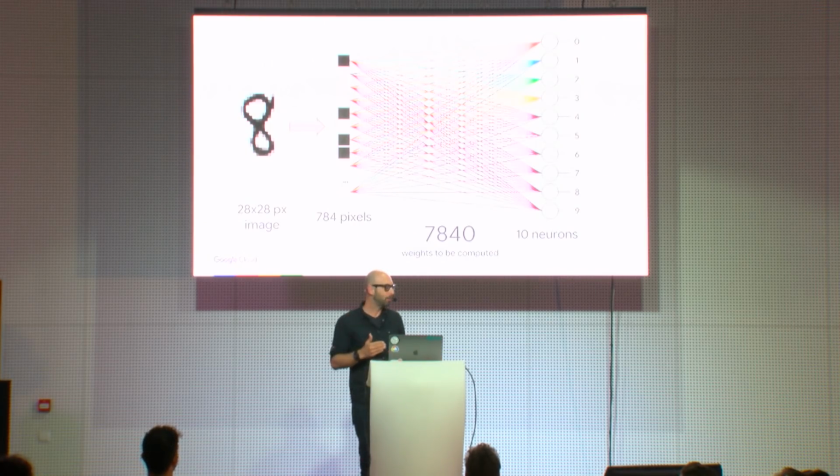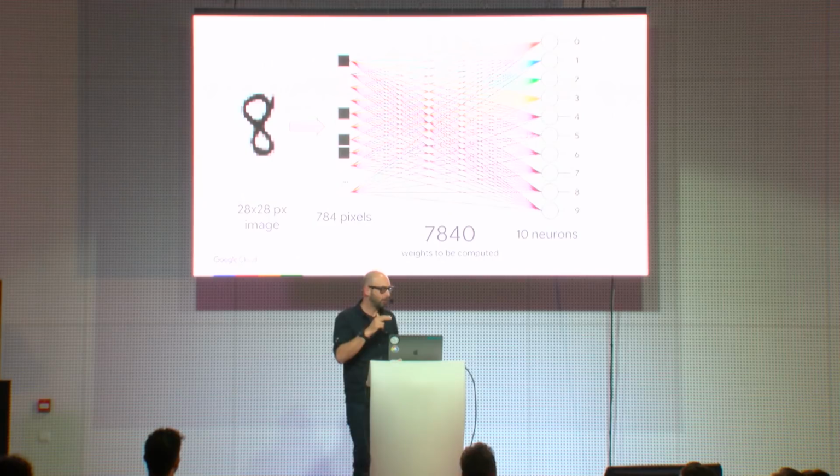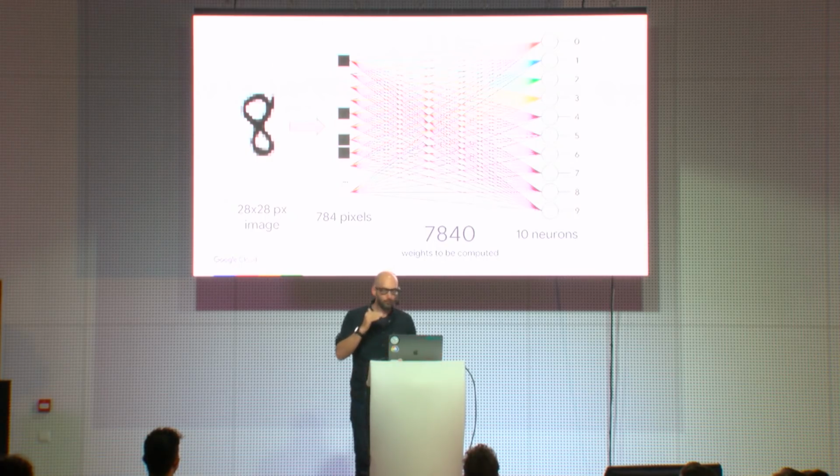But what's going to happen is it's going to calculate a sum for this image, for this number, 7,840 times, feeding it into each one of the neurons. And each one of those neurons is going to store a bias result for it, right? So the bias will hopefully be low for numbers 0 through 7, and higher for number 8, and lower for number 9, right? But you still have to train it.